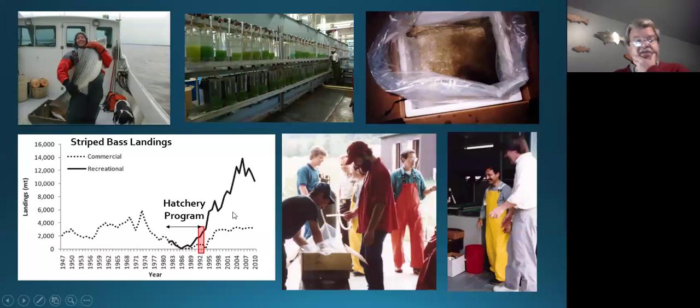And then I had at my disposal, which was kind of great, a period in our striped bass management where the hatchery had been used, you can see that down here, in the 80s to prompt recovery of striped bass. It never really had much of a role. It was really relaxing the fishing pressure on them.